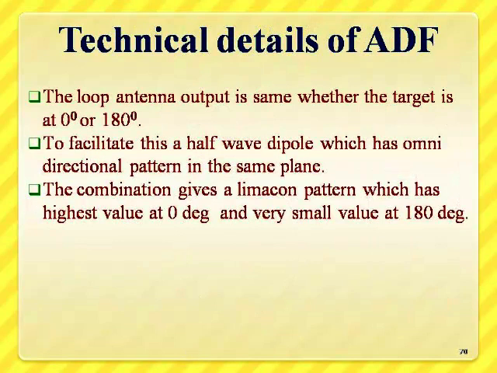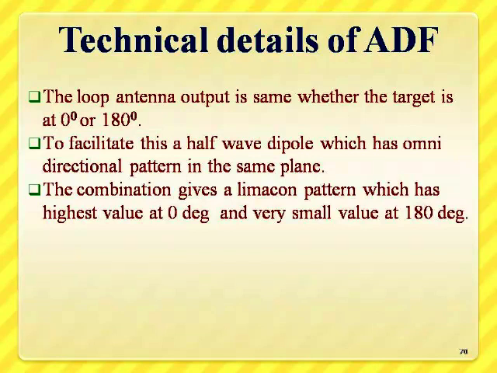For signals coming in the 0 direction or along the 180 direction, you will get the same indication, and hence you will not be able to decide whether the airport is along 0 degrees or 180 degrees. So for this purpose we use another antenna which will have an omnidirectional pattern, that is a dipole.